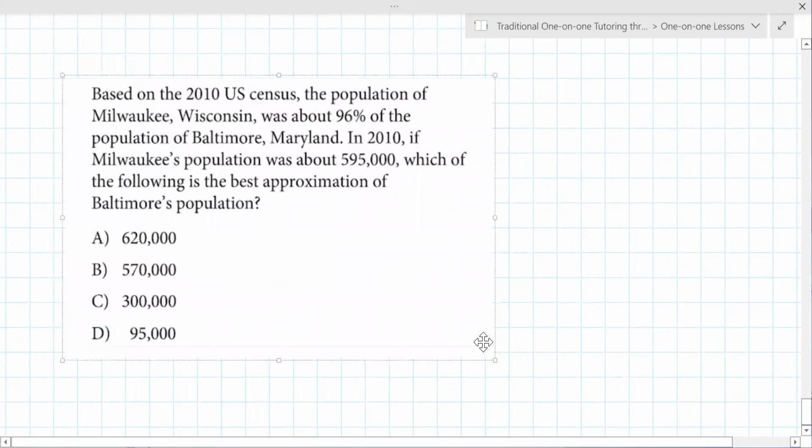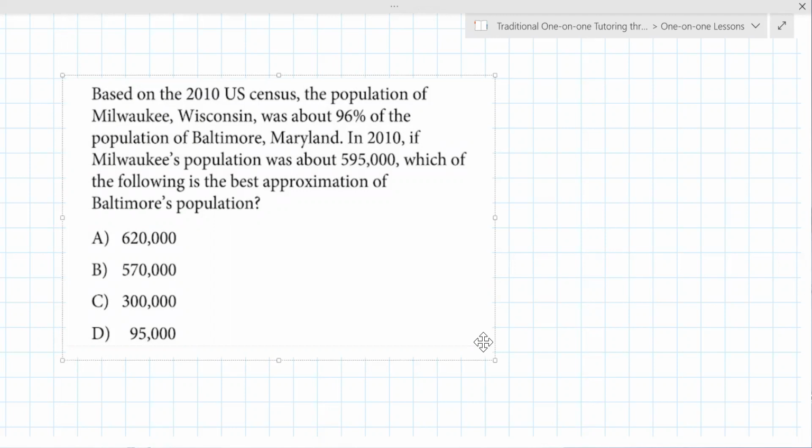Based on the 2010 US Census, the population of Milwaukee, Wisconsin was about 96% of the population of Baltimore, Maryland. In 2010, if Milwaukee's population was 595,000, which of the following is the best approximation of Baltimore's population? So 96%.